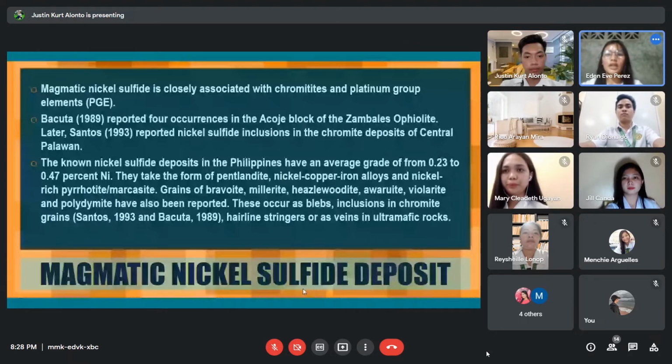So those are the four occurrences that we can find in the Acoje block of the Zambales ophiolite.